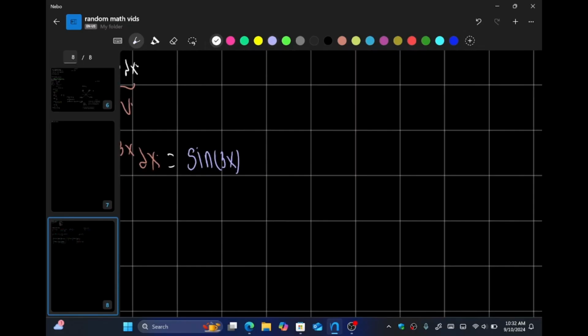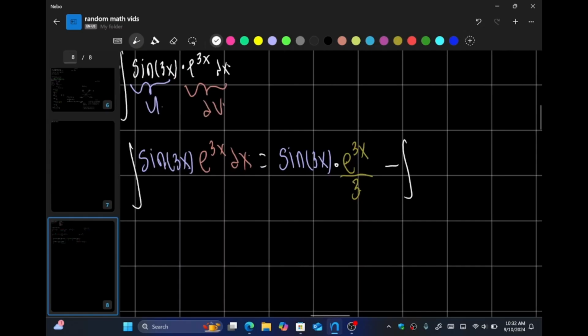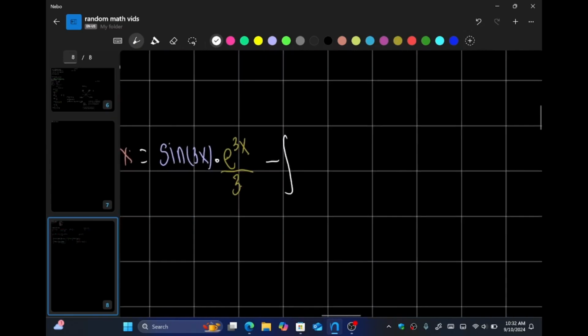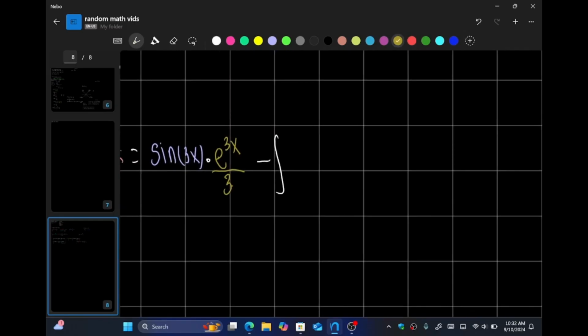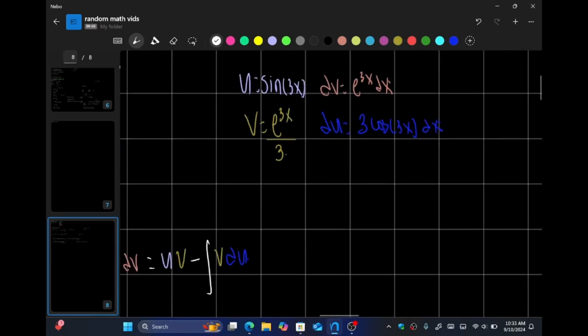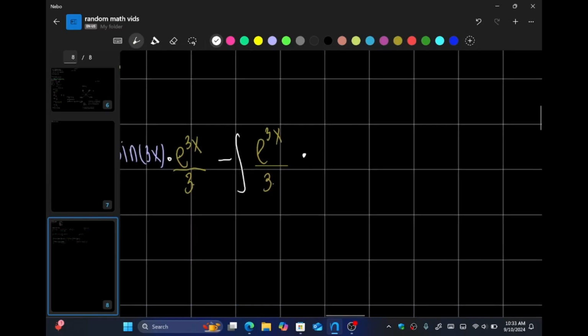So times e to the 3x over 3. And then minus integral of e to the 3x over 3 times du, which is 3 cosine 3x dx.